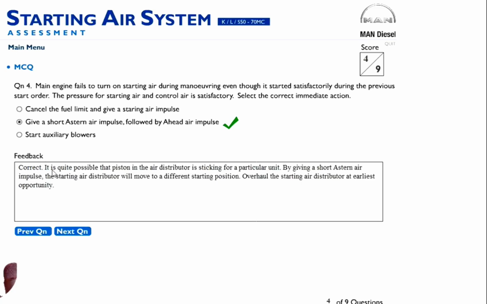The reason may be that the distributor is sticking, and it is quite possible that the piston in the air distributor is sticking for a partial unit. By giving a short astern impulse, the starting air distributor will move to a different starting position, and overhaul the starting air distributor at the earliest opportunity. This is the answer here.